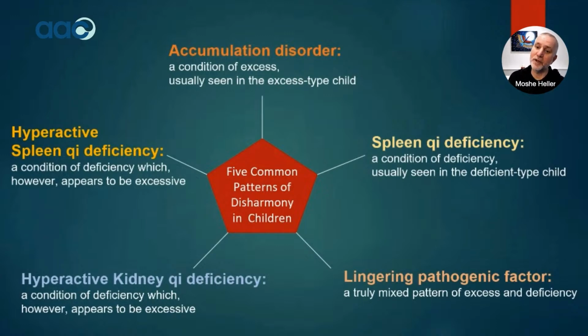I want to discuss these five patterns as an introduction. They include a regular spleen qi deficiency type, usually seen in a deficient pediatric patient.